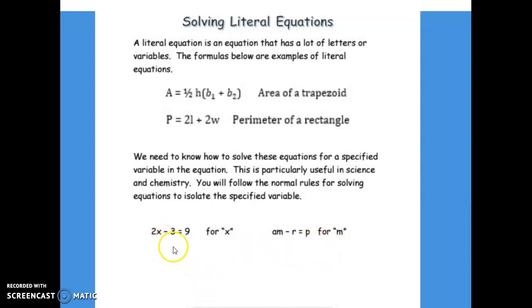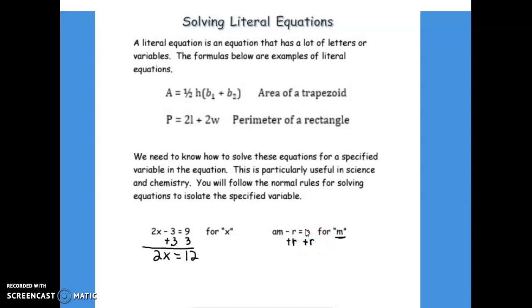So for instance, if I was to solve for x here, of course, you would add 3, right? So 9 and 3 would be 12, right? Okay, now, let's go over to the problem with a bunch of letters, right? If I'm going to solve for m, you would do the same thing you would do here, is you would add r, right?